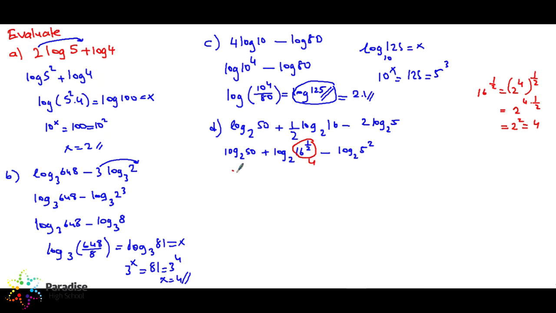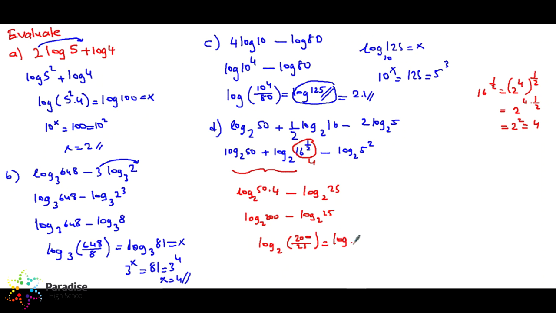So how do I contract these two? Same base, an addition: log of 50 times 4, minus log base 2 of, of course, 5 squared is 25. So that makes log base 2 of 200 minus log base 2 of 25. Same base, there is subtraction in between, so it's going to be 200 divided by 25.